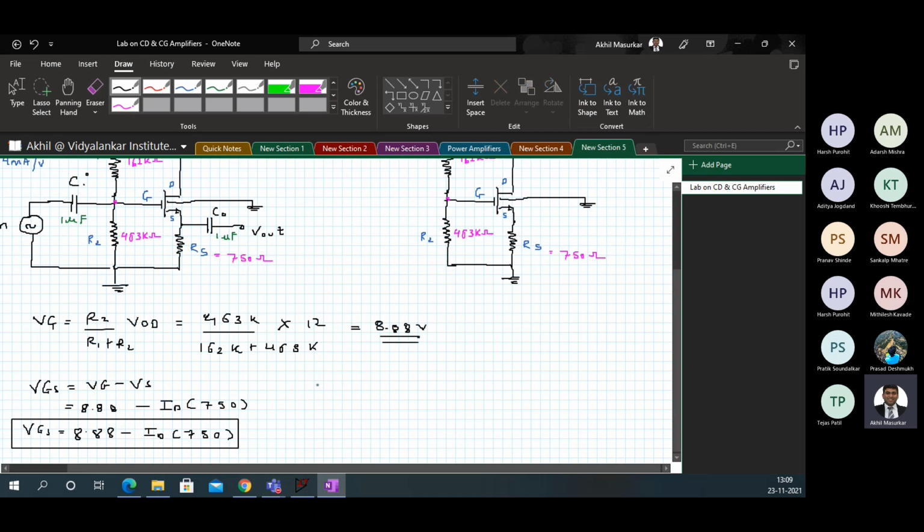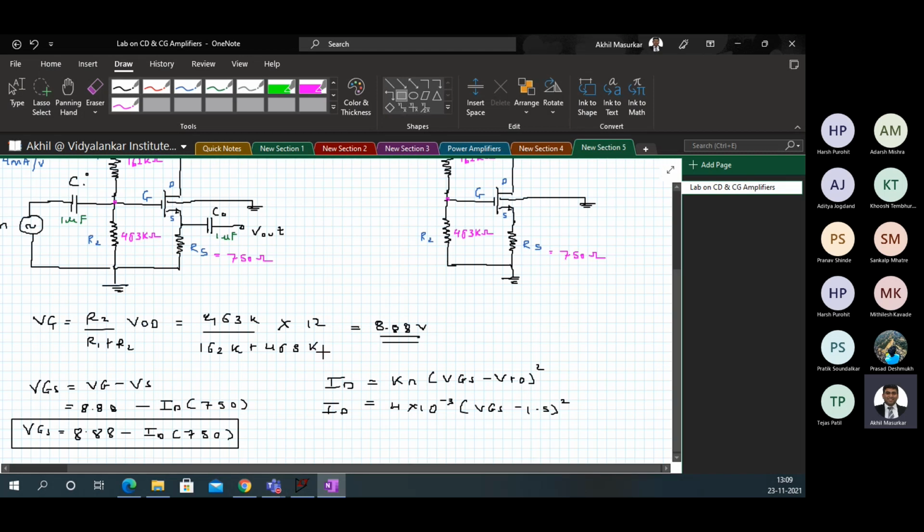What we know is that ID is Kn times VGS minus VTO the whole square, and Kn is given to us as 4 into 10 raised to minus 3. So ID is 4 into 10 raised to minus 3 into VGS minus 1.5 the whole square.